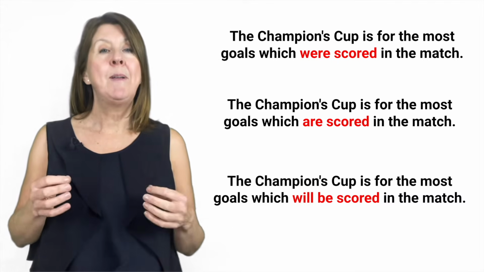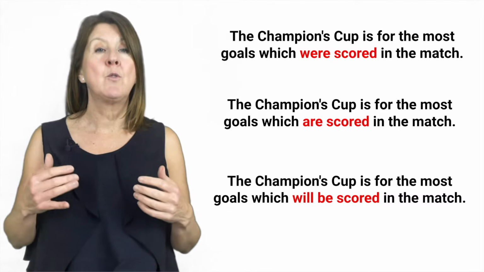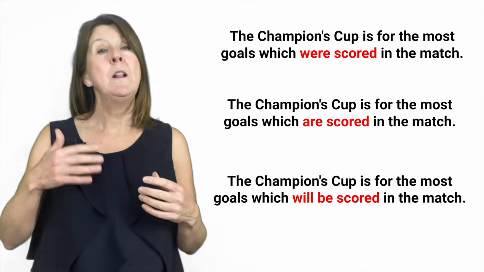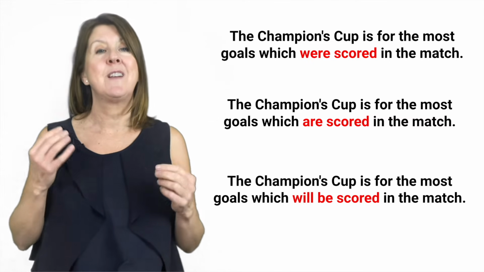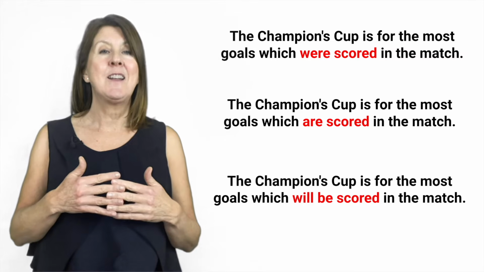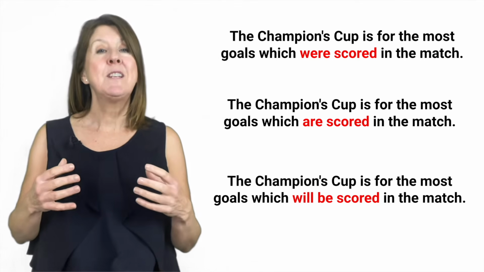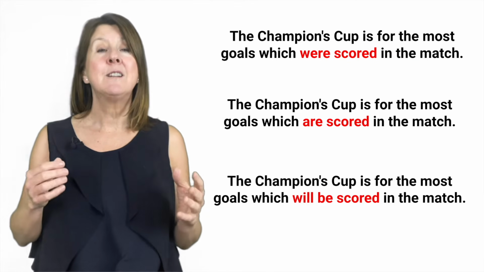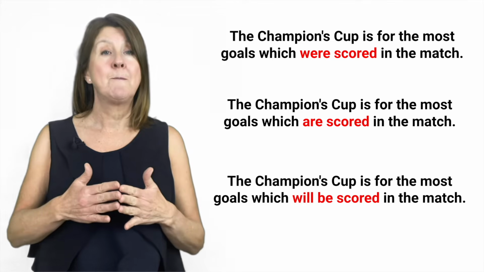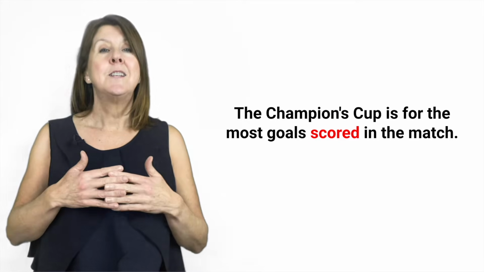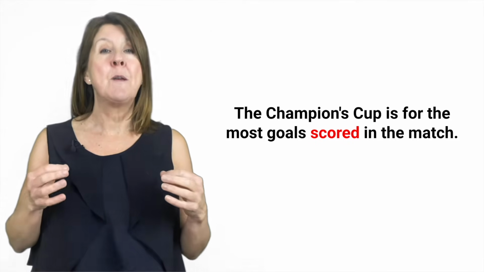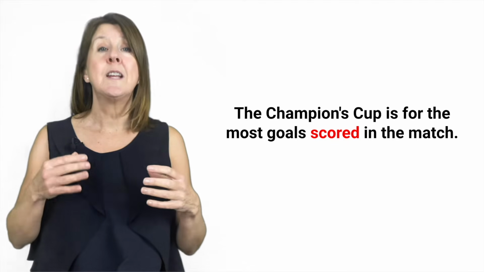Or, the Champions Cup is for the most goals which will be scored, here this refers to the future, in the match. This can be written far more simply as a reduced relative clause. We could say the Champions Cup is for the most goals scored in the match.